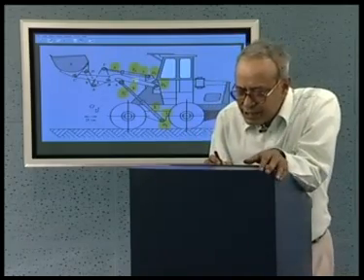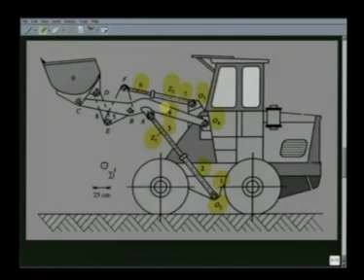Here, if we consider link number 4, it is connected to 4 different links, namely to link 1 at O4, link 3 at A, link 5 at B, and link 9 at C. So link 4, which has 4 revolute pairs, becomes a quaternary link, and link 5 is a ternary link connected to link 8, link 4 and link 6, and link 9 is the front end of the loader, that is the bin.